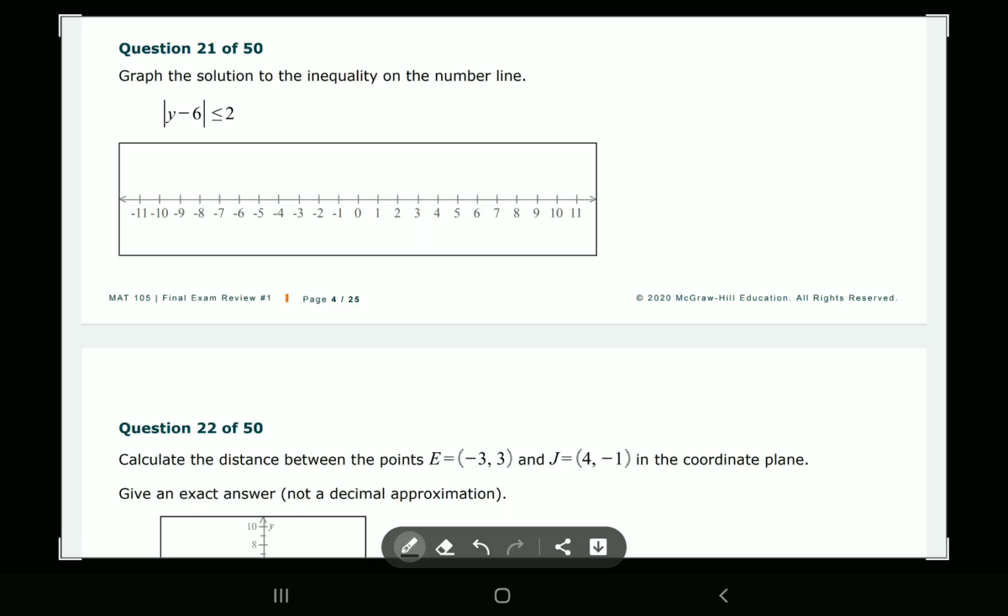inequality. And this one is going to be for less than or less than or equal to.